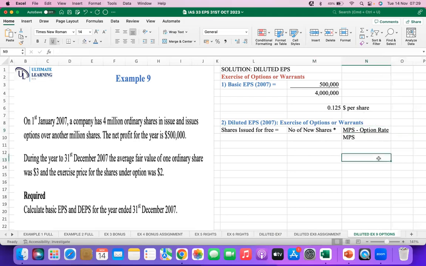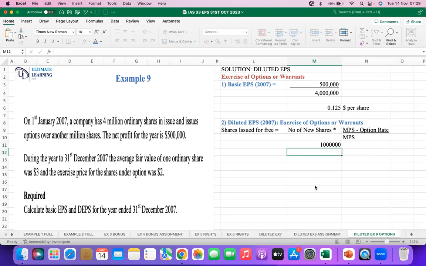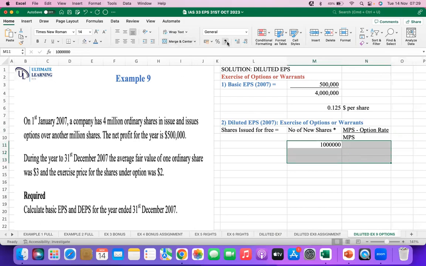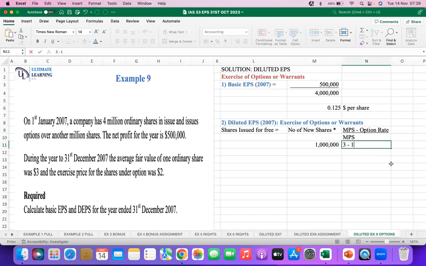So the number of shares issued for free is the number of new shares, which is 1 million, times the market price per share of 3 minus 2, divided by 3.